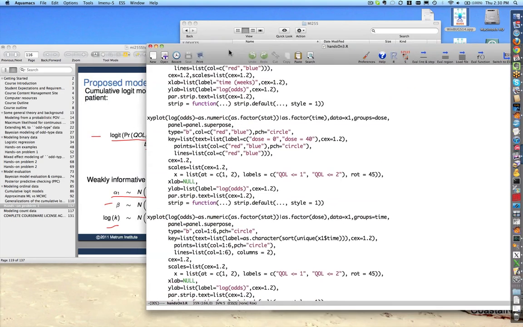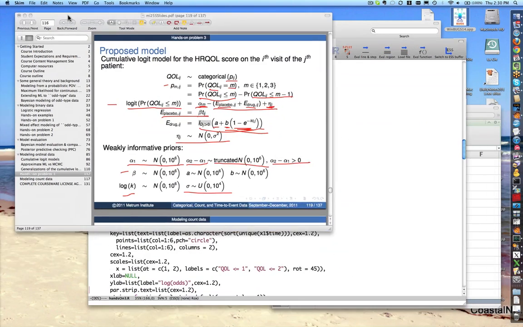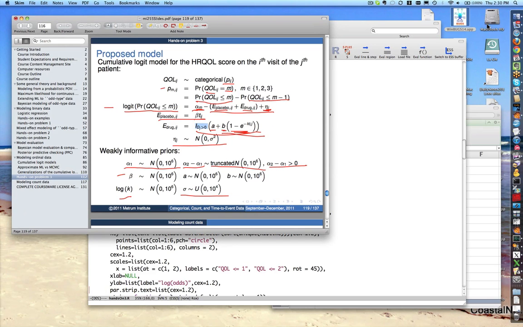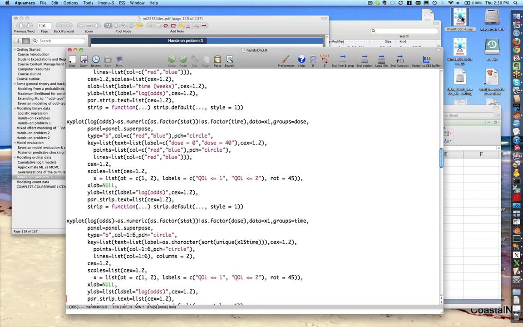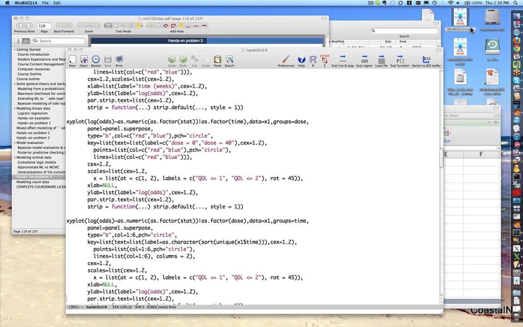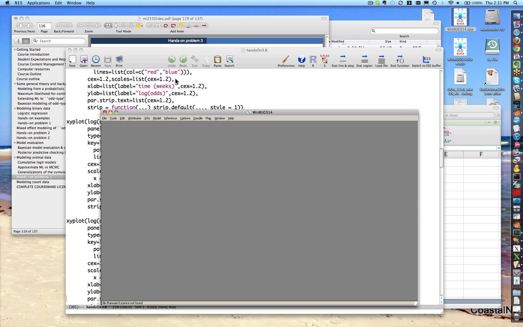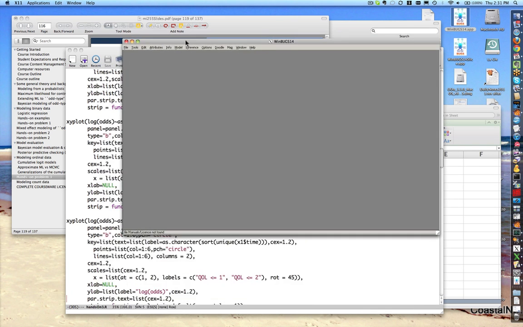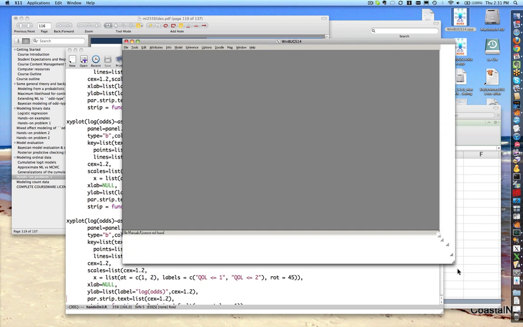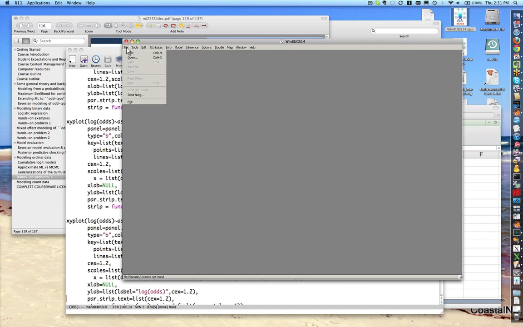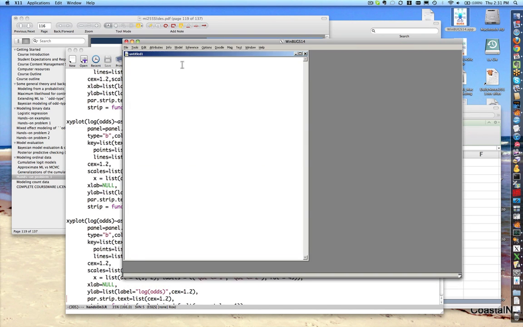Let's go ahead and build this model. Let me fire up WinBUGS here. Let's open up a new thing here.